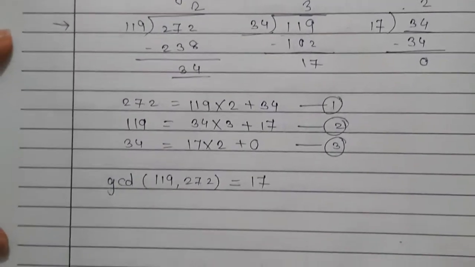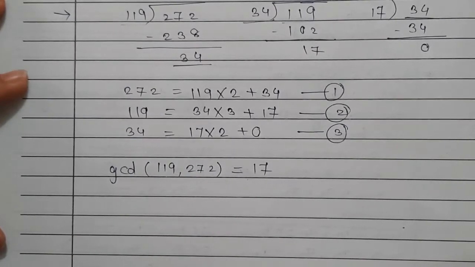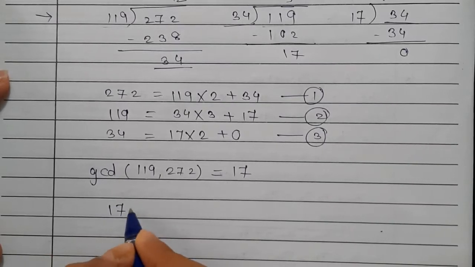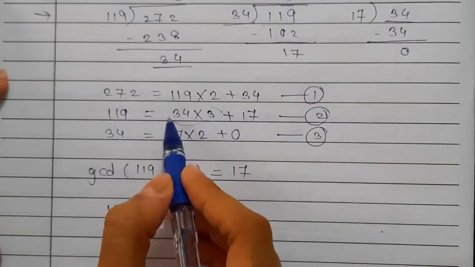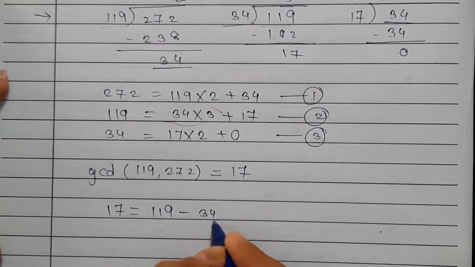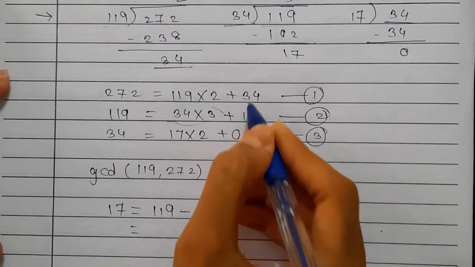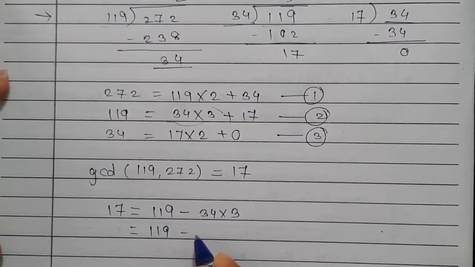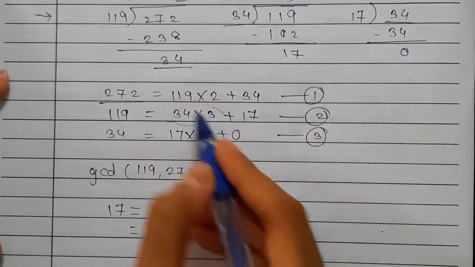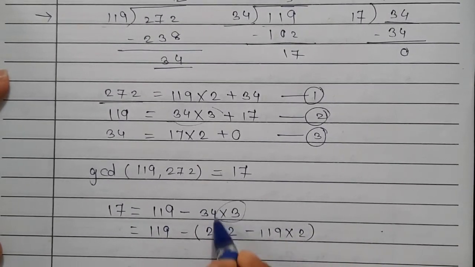Now we can write these equations in another form. We write 17 is equal to, shifting 34 into 3 to that side, 119 minus 34 into 3. Again we substitute the value of 34, that is 119 minus, in a bracket, 272 minus 119 into 2, and into this 3.